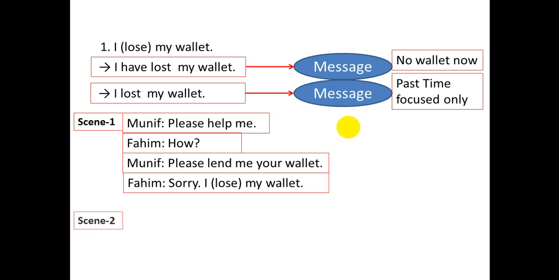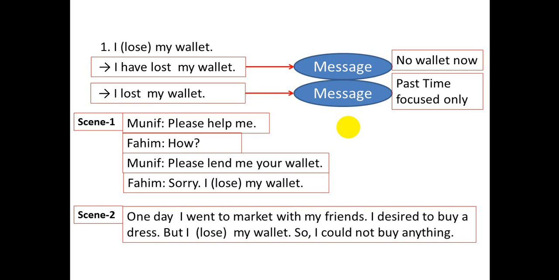Scene 2. It deals with a story about the past where the speaker is telling about only the past incident. So the sentence will be restated in the way I lost my wallet.